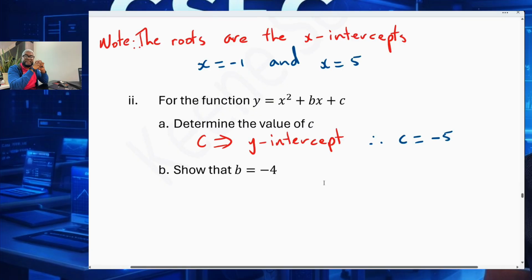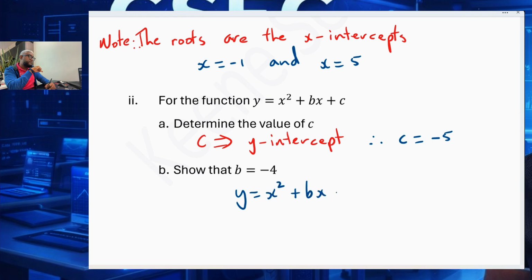So they proceeded to say, show that b is equal to negative 4, right? If I were to rewrite the function, putting in c, the function would be y is equal to x squared plus bx plus negative 5, which would just be minus 5, right?